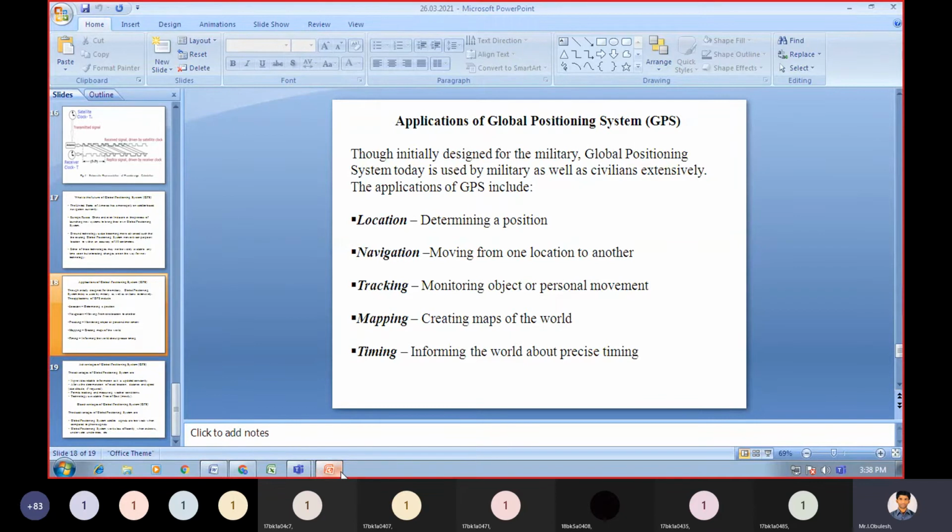Once we create the maps of the world, the last one is timing, informing the world about precise time. These are the five major applications of the global positioning system.